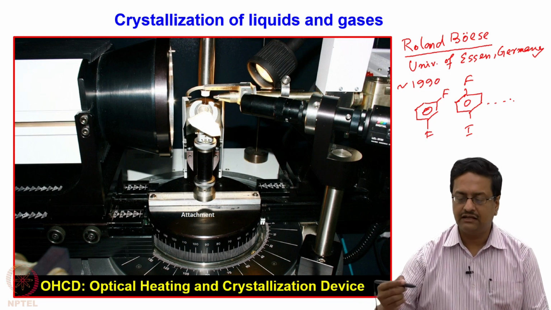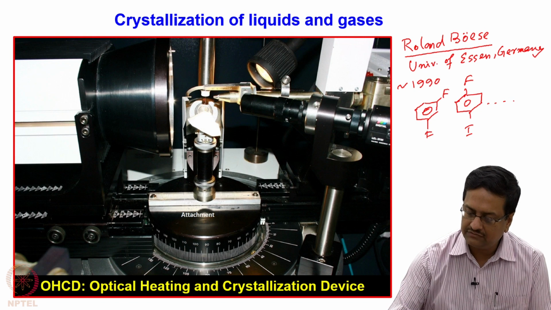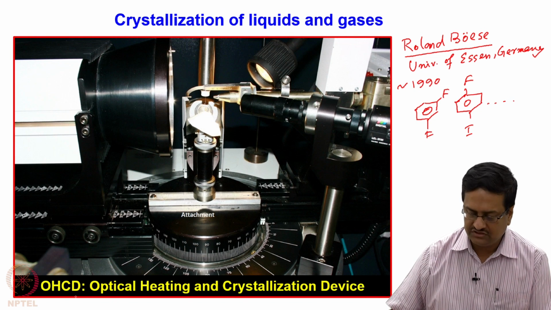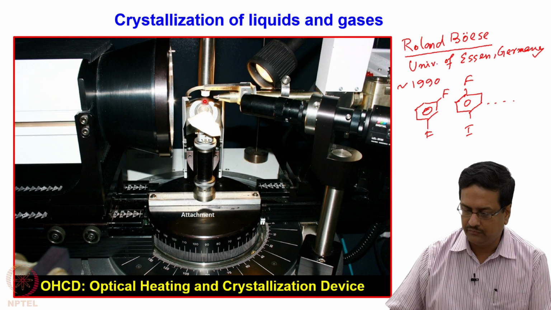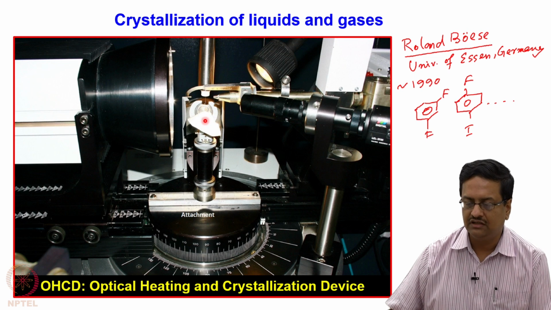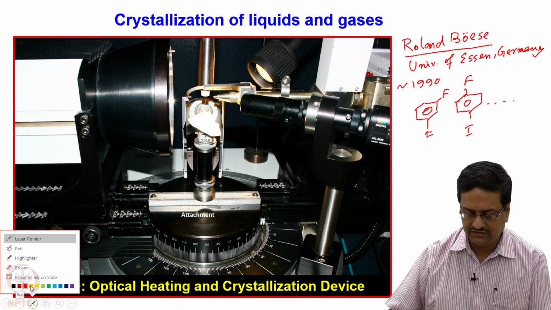So what it does is, in this particular figure, we have a capillary which is mounted on a diffractometer, mounted here, and at the top you have a cooling device.